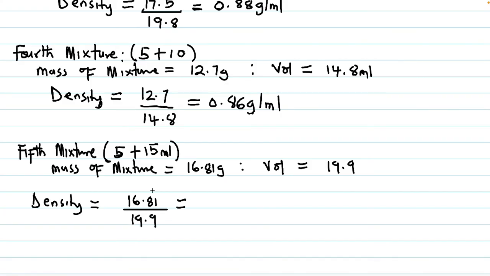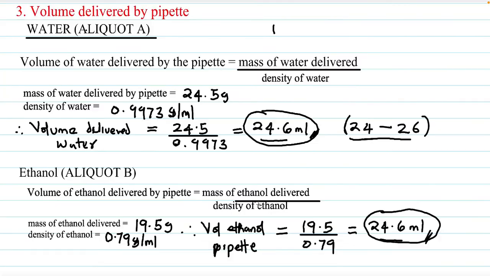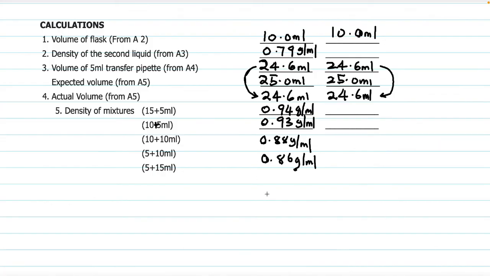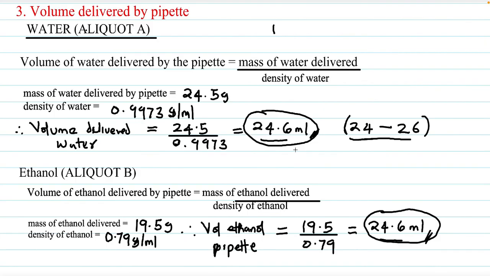When you do that, this becomes 0.84 gram per mil. While we're going to write this, you come back here. For the last one, 0.84. 1 2 3 4 5, 1 2 3 4 5. So for the 5 mixtures we have values.